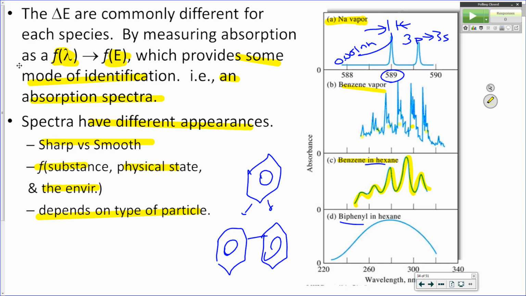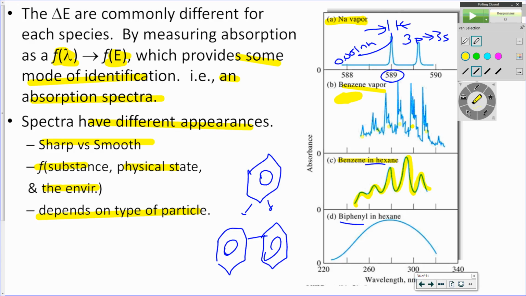So the last thing we talked about is how spectra could be very different depending on the nature of the analyte, and then even the phase of the sample. So going from a vapor, something in a gas phase, as in the example of benzene vapor, versus here where it's in a liquid, in hexane.